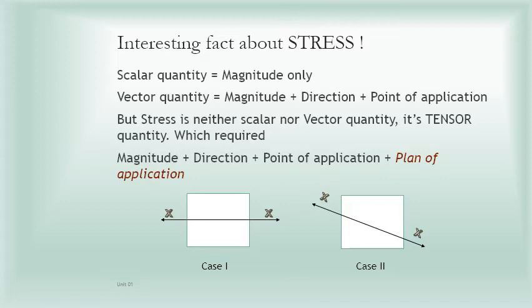So obviously, if you change the cross-sectional area in case 1 and case 2, the stress will be different in case 1 and case 2. So remember this point. Stress is a tensor quantity.